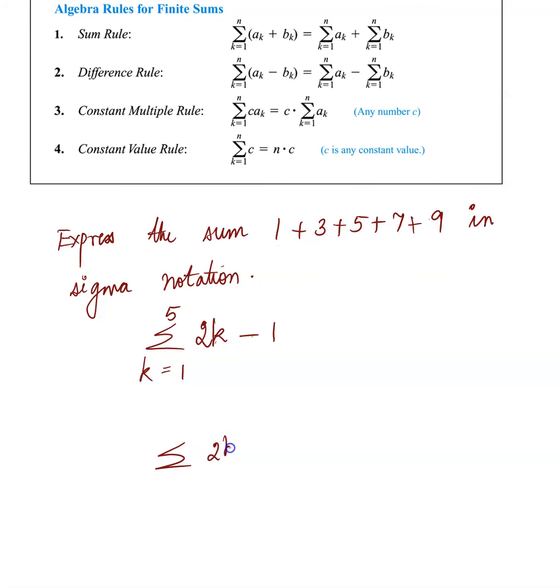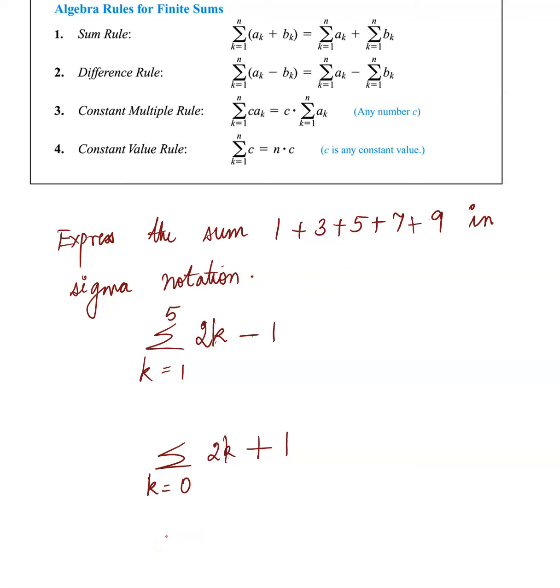Well, I'm thinking, what if I did 2k plus 1? Can I justify this with a different index? So if we are going plus 1, then I have to start my index at 0, right? Meaning when k is 0, 2 times 0 is 0, 0 plus 1 is 1. That will give me the first term. When k is 1, 2 times 1 is 2, 2 plus 1, 3.